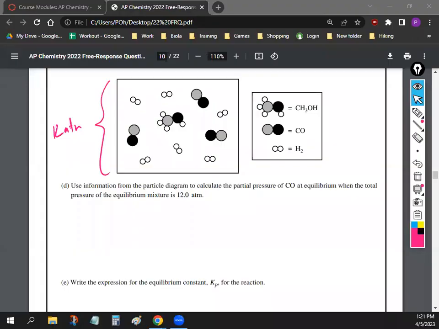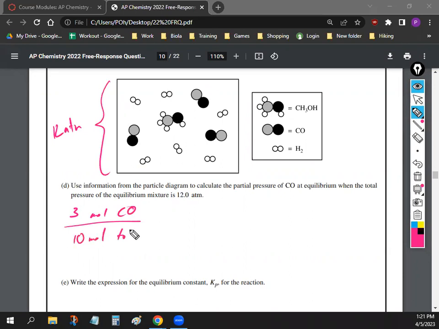All right, so for this one, my hint was to count. So let's count the carbon monoxide molecules. How many CO molecules are there? 3, okay? So 3 moles of CO. How many total molecules are there? 10.